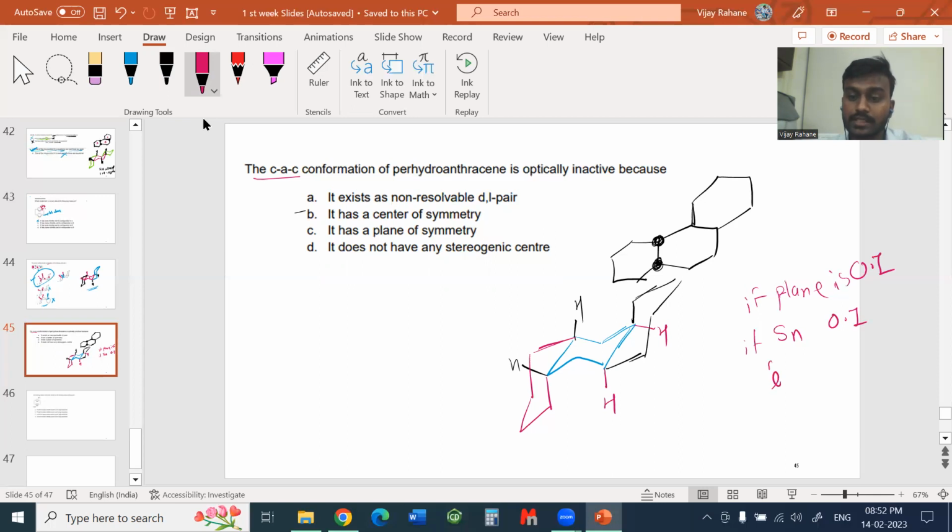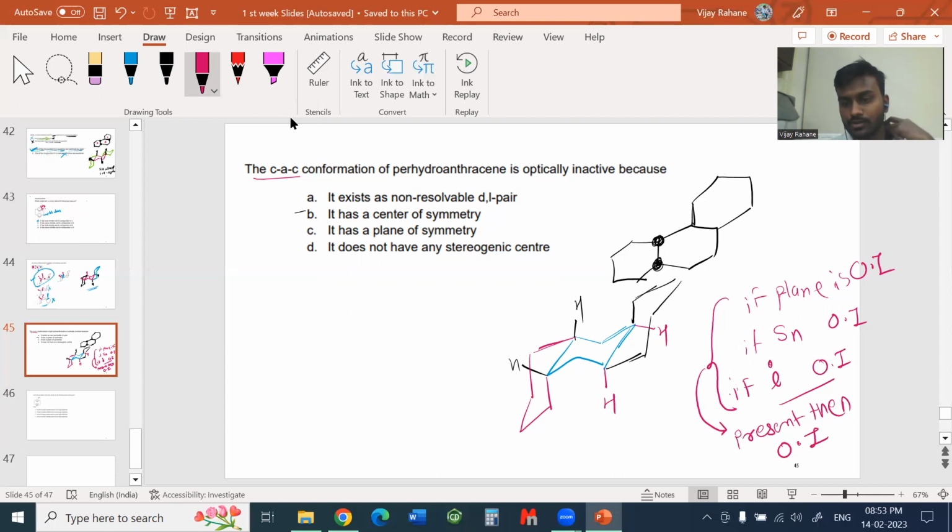Also, if there is an inversion center present, then also the molecule is optically inactive. If any of these is present, then the molecule is optically inactive.